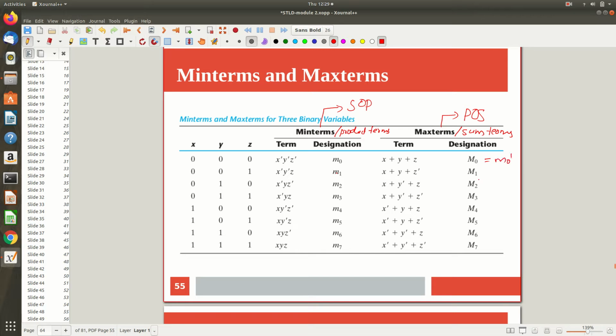That is one observation you can have. And max term we typically denote with a capital M. In general we represent min terms by small m i, and max terms by capital M i, the ith min term and ith max term. Clear? It is just a notation used in the textbook, that is all.